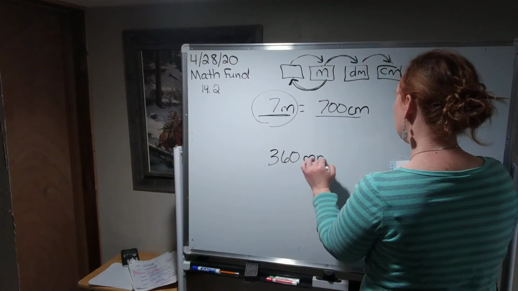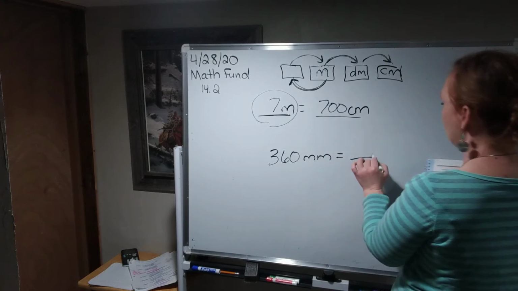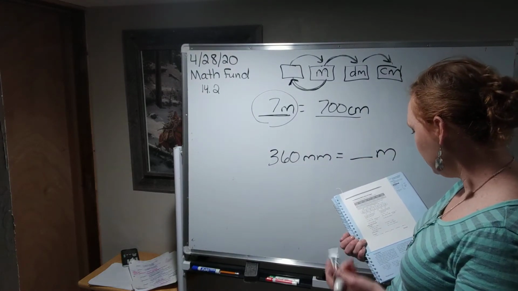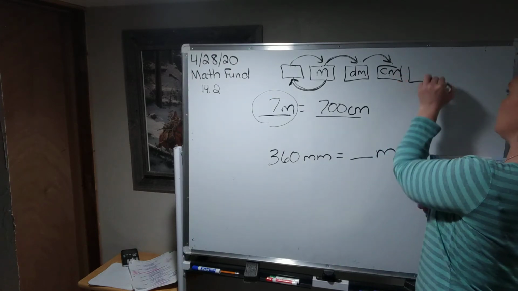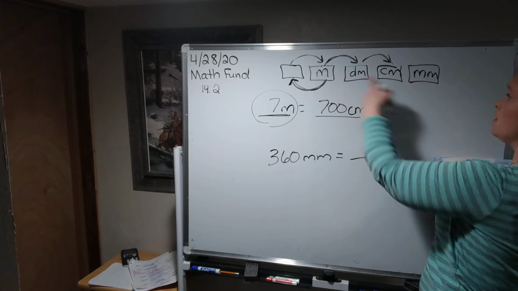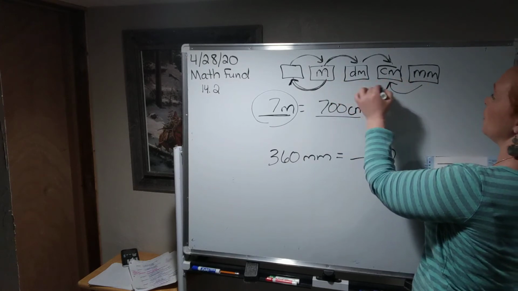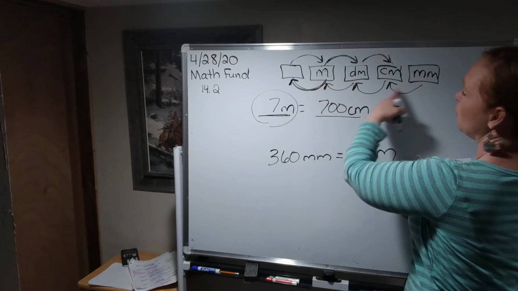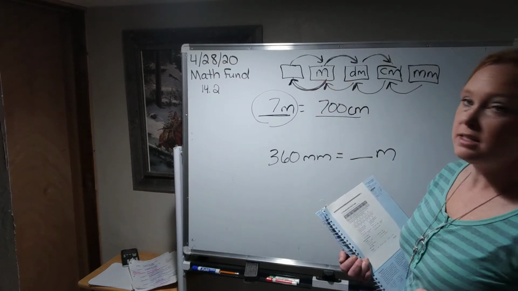360 millimeters equals how many meters? Well, I have to go to my diagram and find where my millimeters box is, and it looks like it's right here. But this time I'm going from millimeters to meters. So do I want to follow the top or the bottom? I want to follow the bottom because I want the arrows pointing me back to meters.